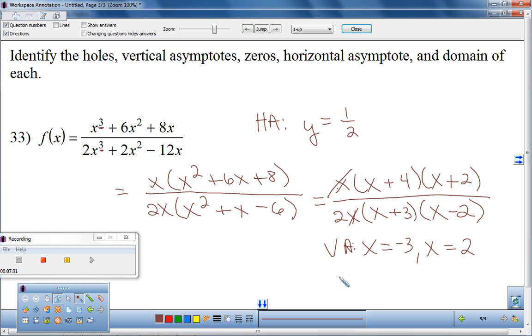Now our holes: we still can't let x be 0 down here. So that's going to create a hole. So our hole is when x is equal to 0. So we've dealt with the bottom part. We found our holes, vertical asymptotes, and horizontal asymptote, and now we're going to go back to our zeros.